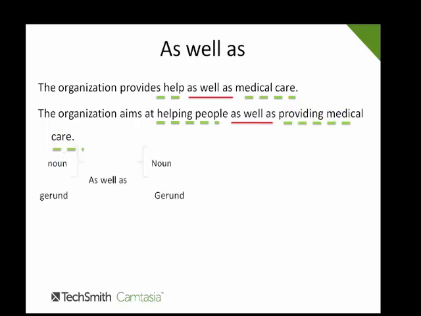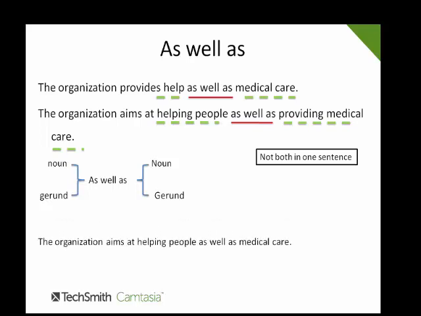So we say that as well as is used to combine a noun with another noun or a gerund with another gerund, but not both in one sentence. Let's have a look at this example. The organization aims at helping people as well as medical care.